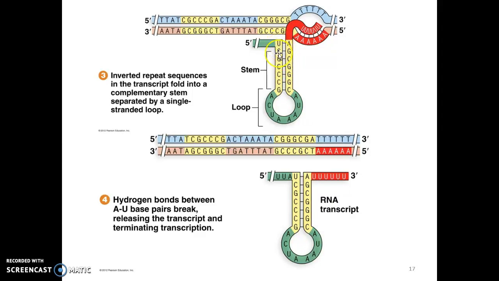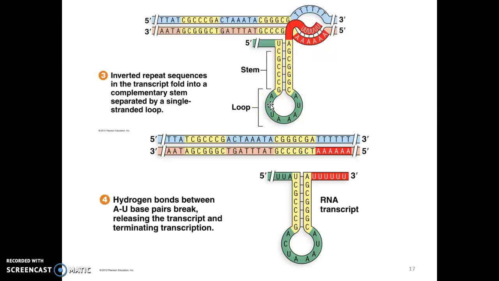And what will happen is this region and this region, which were produced when you transcribed this and this, which remember they were mirror images of each other, are going to find each other just randomly, and they're going to be chemically attracted to one another, and they're going to form the hydrogen bonds known as base pairs, which is going to stabilize this structure because those are quite a few hydrogen bonds in a row. And this creates a structure that's referred to as a hairpin loop.